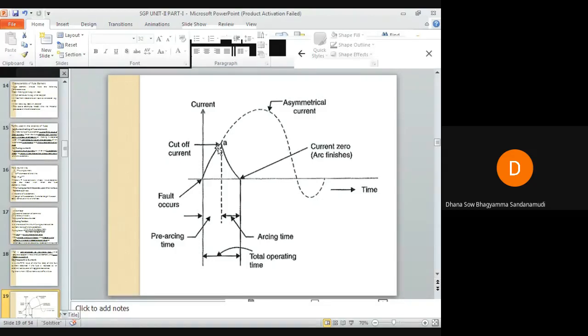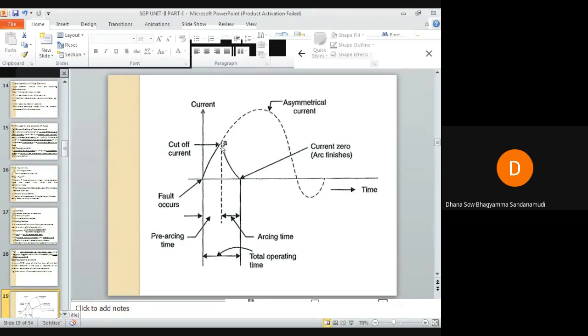The cutoff value will depend upon the current rating of the fuse, the value of the prospective current, and the asymmetry of the short circuit current. So this cutoff current will depend on three factors. One is the current rating of the fuse.